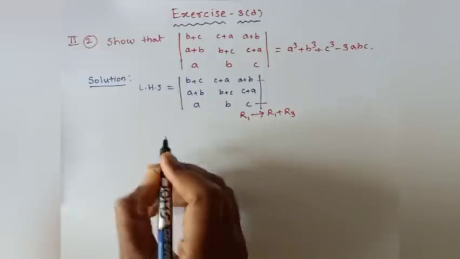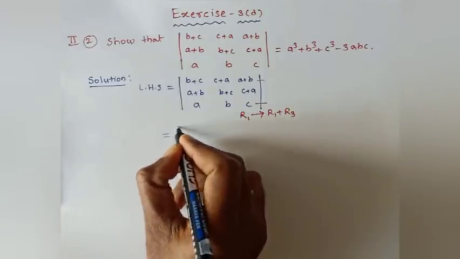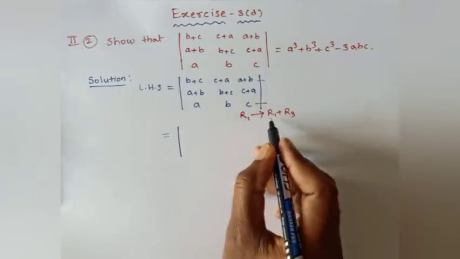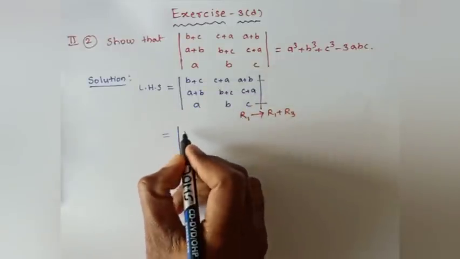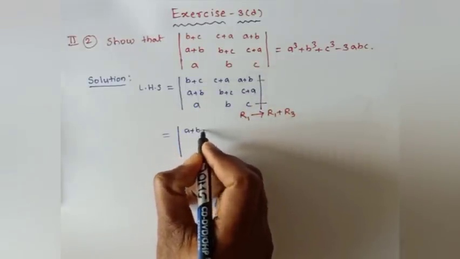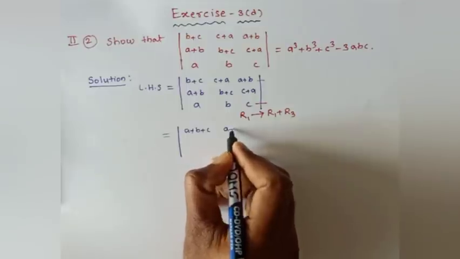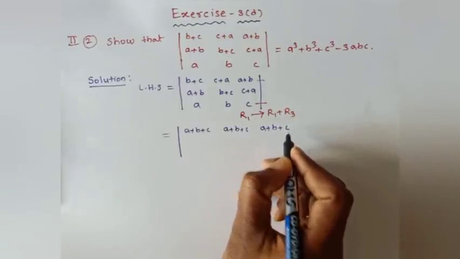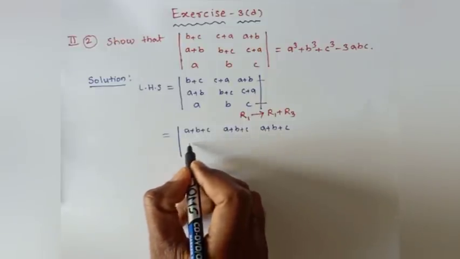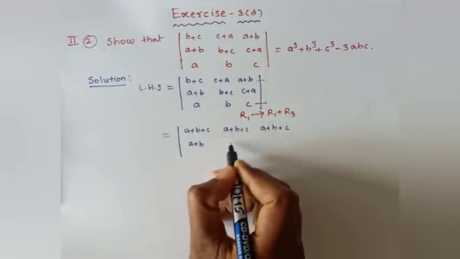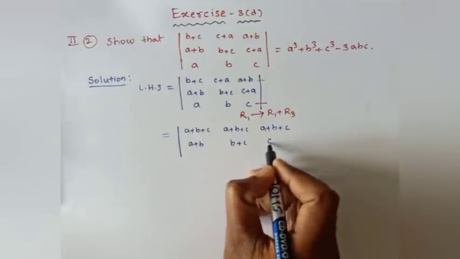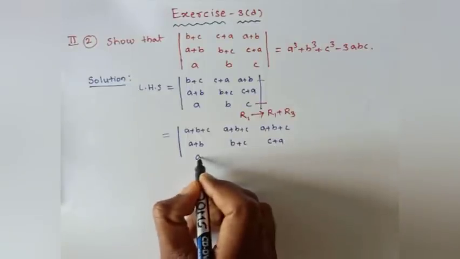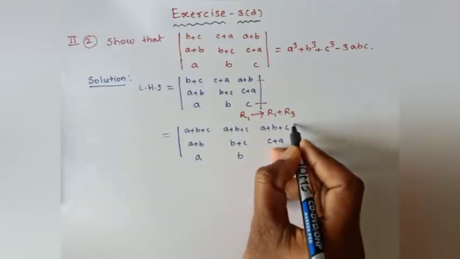Only row 1 is changing, so it is a plus b plus c, a plus b plus c, a plus b plus c, and no change in row 2, so it is as it is: a plus b, b plus c, c plus a, and this is a, b, c.